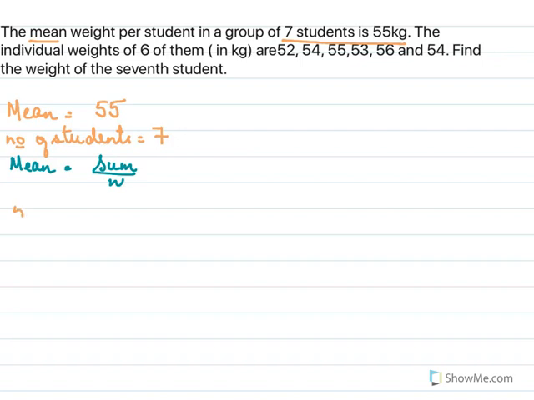So we have mean is 55, sum of 7 students, and 7 is number of observations. So 55 into 7 equal to sum of weights of 7 students. 385 is the sum of 7 students.